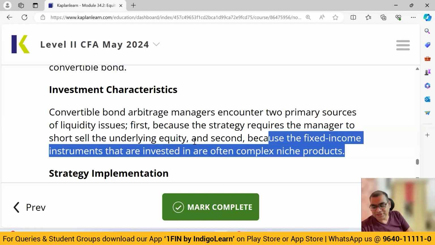So convertible arbitrage is not an easy trade because you're doing multiple things. The hedge is valid only if you are able to liquidate the hedge. There is value in a stock only if you are able to sell the stock. You may think the stock is worth so much, but only if you are able to liquidate it is there value. Without liquidity, there is no value.